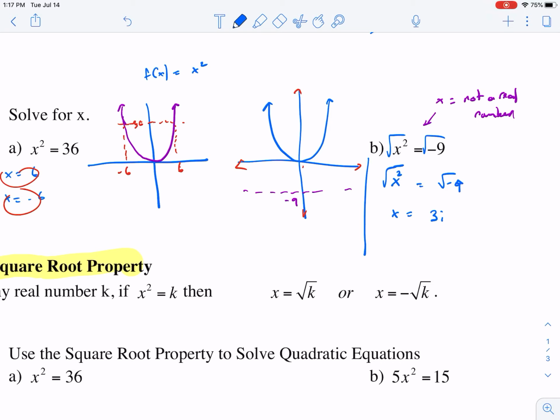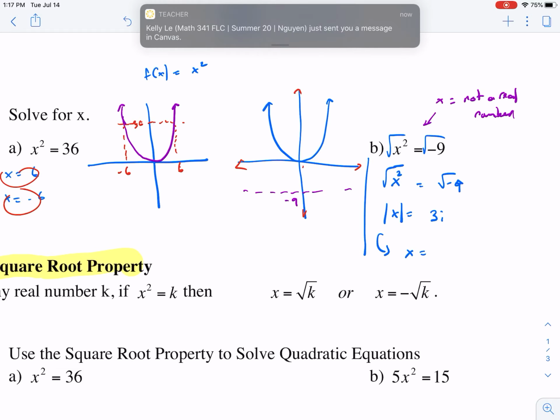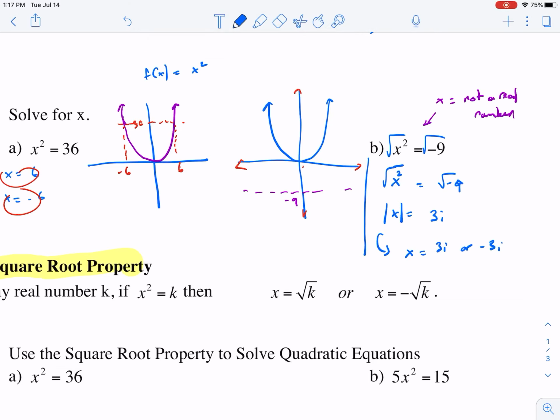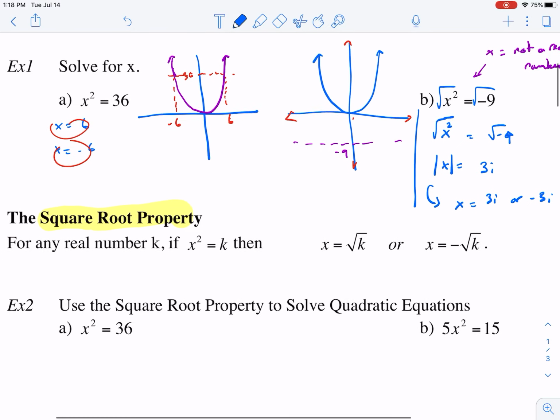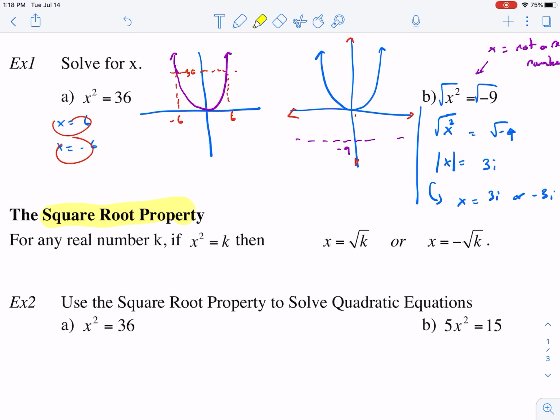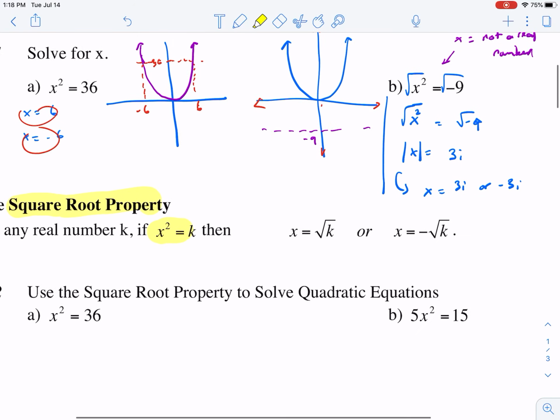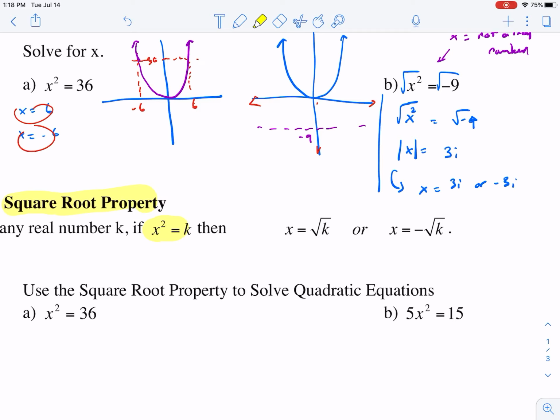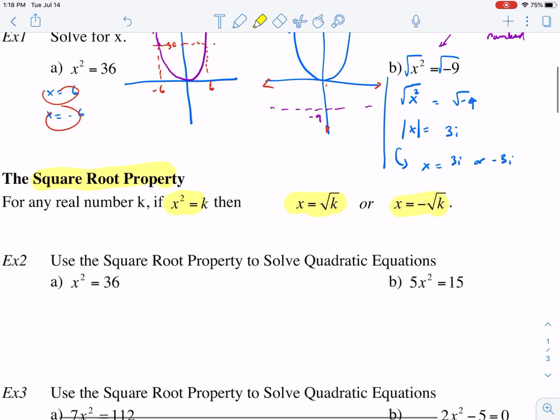But since the square root of x squared is the absolute value of x, that becomes x equal to positive 3i or negative 3i. In general, as far as the square root property goes, if you have x squared equal to some value k, then the two roots are either the positive square root of k or the negative square root of k. So if it's in this form, we can apply the square root property.